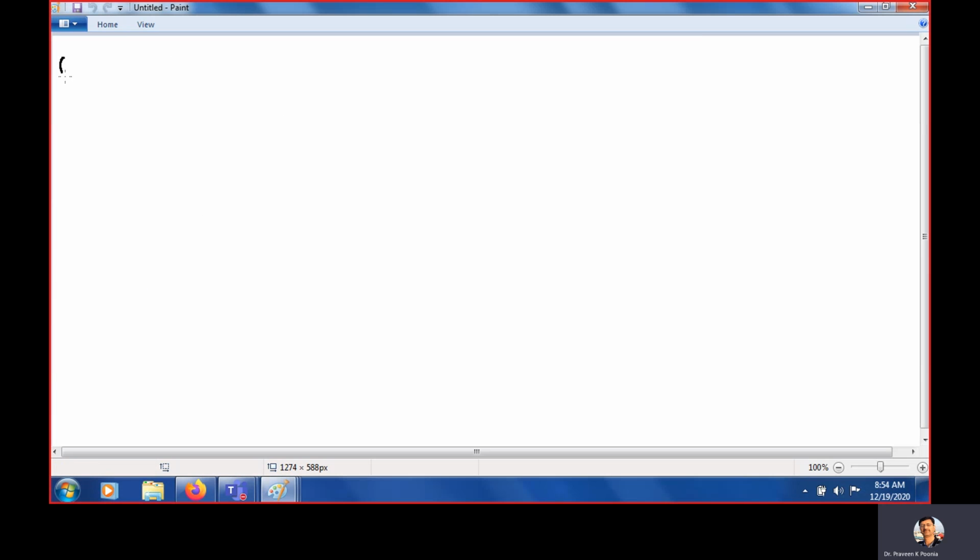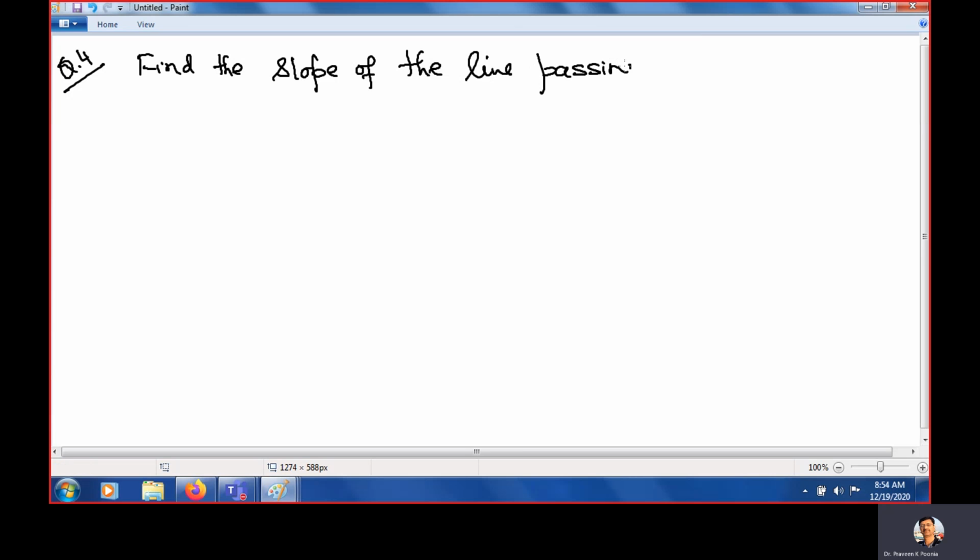And the last question that we are going to solve here is where the slope is infinite. Find the slope of the line passing through 2, minus 5 and 2, 5.